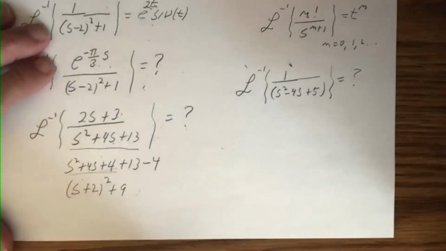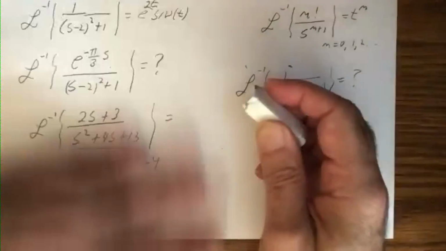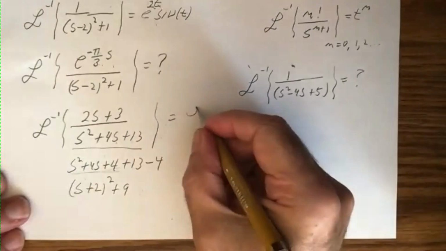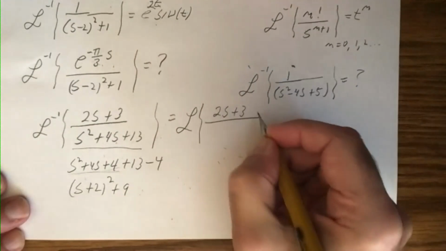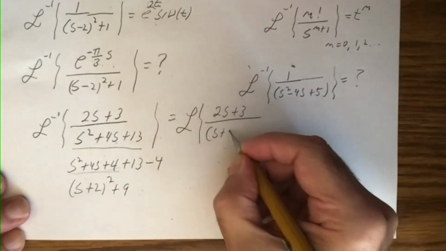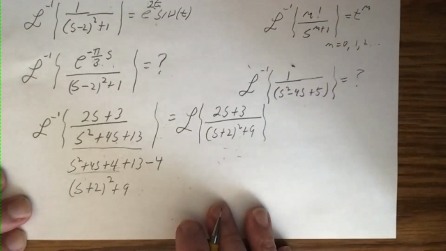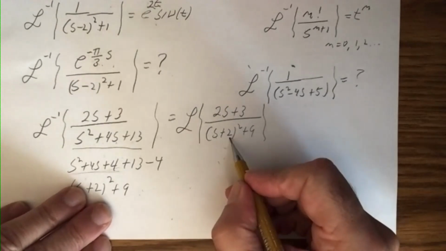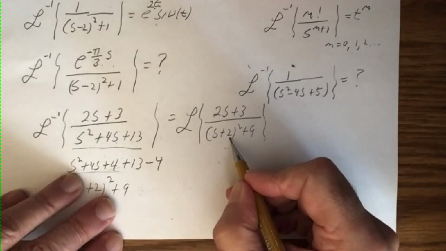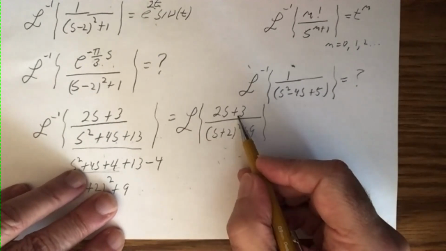So what do I have now? Now I have the Laplace transform, the 2s plus 3 over s plus 2 squared plus 9. I have this s plus 2 here, so it would be nice if I had an s plus 2 on top, but I don't.